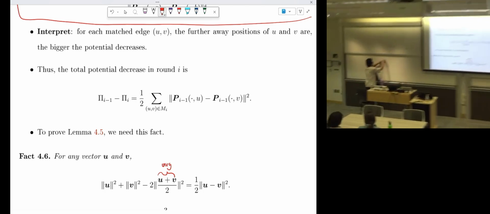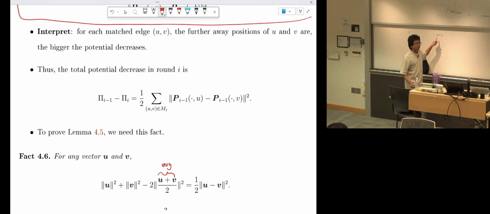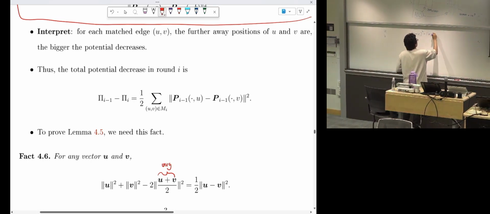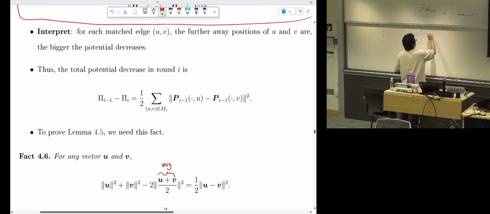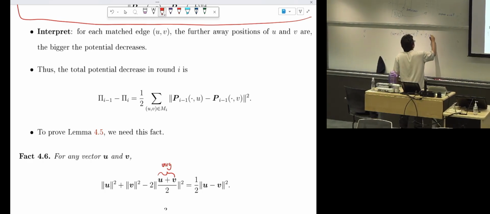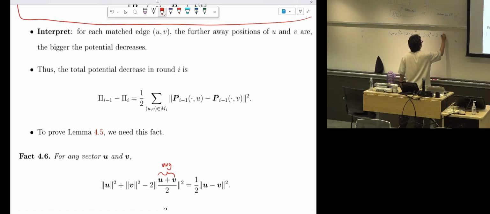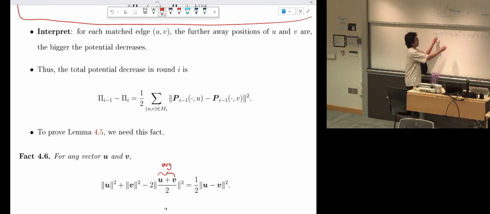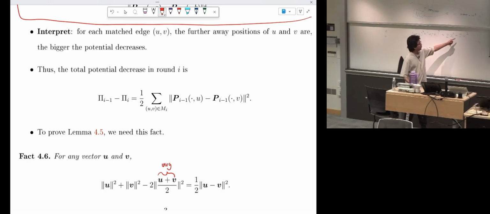Let's say I look at coordinate i of u and coordinate i of v. If I look at (u_i minus v_i) squared plus (u_i plus v_i) squared, this is exactly 2 u_i squared plus 2 v_i squared, because the cross terms cancel out and you get twice of this.